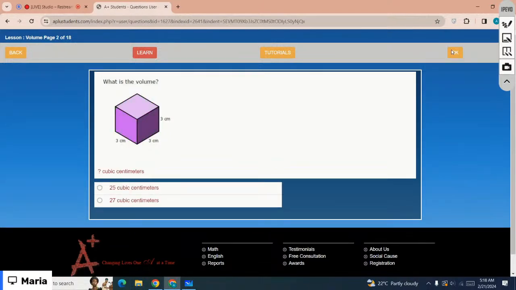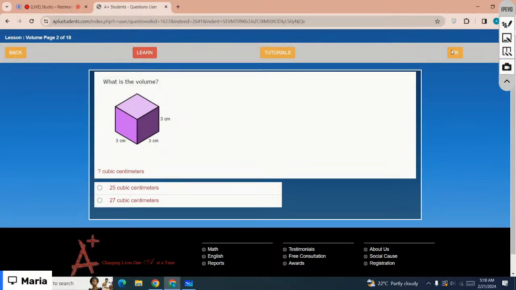Okay, what is the volume? So which is the correct option? Which shape is it? That is a cube.